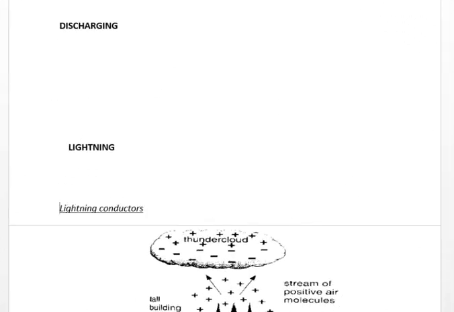Okay, now let's look at discharging. The way we discharge a static charge, static electricity, is usually by earthing. In earthing, we use a conductor.